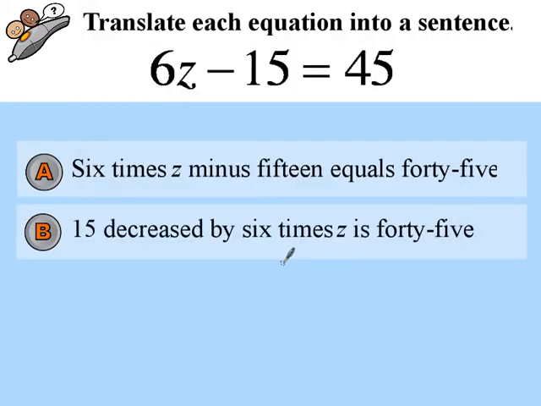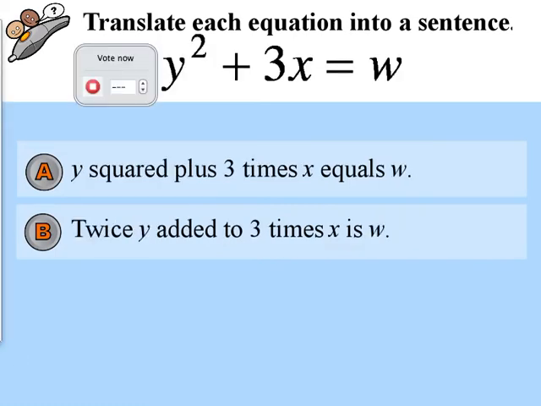So let's look at part B. It says 15 decreased by. So 15 decreased by just means 15 minus. 6 times z will be 15 minus 6z. So that's actually flip-flopped. All right, let's look at another one.